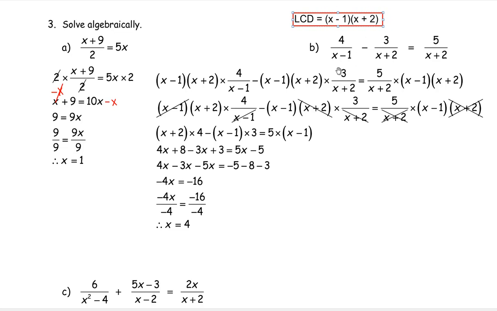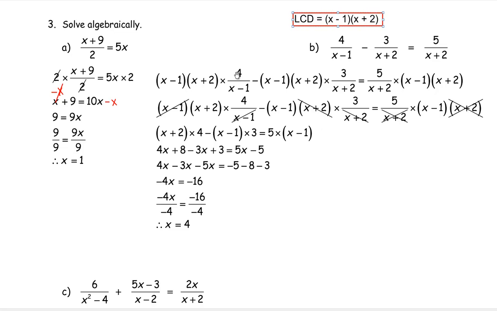And so that's why I will multiply this by x minus 1, x plus 2, and the 5 over x plus 2 on the right, also by x minus 1, x plus 2. And so the x minus 1's divide out, that's what this is showing in the next line here. This x plus 2 and this x plus 2 divide out, and this x plus 2 and this x plus 2, they also divide out.